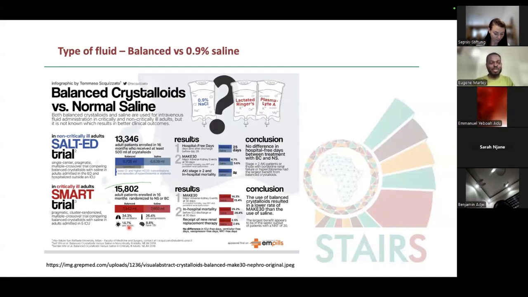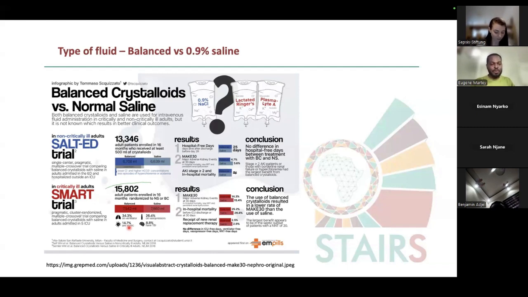I don't want to call it normal saline because it's abnormal. It has about 154 millimoles per liter of chloride, which is way higher than what we have in our blood. And therefore, if you put a patient on a very high load of chloride, there's a risk that you might tilt them into chloride-driven metabolic acidosis, and that may actually worsen patients' outcome.